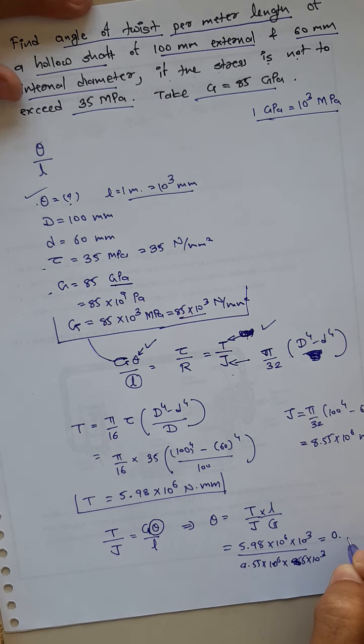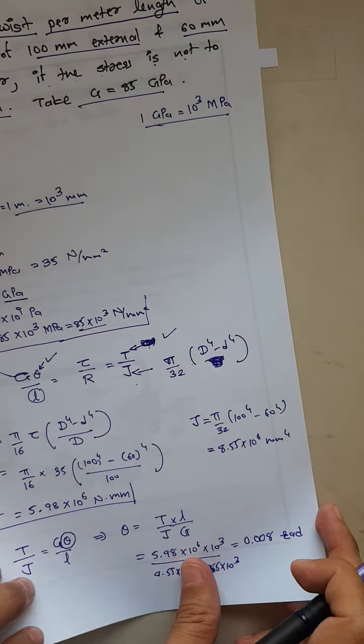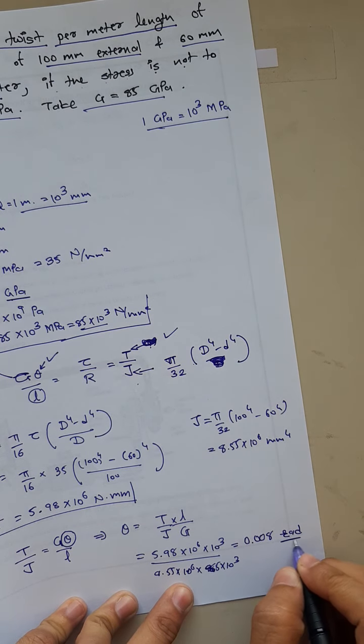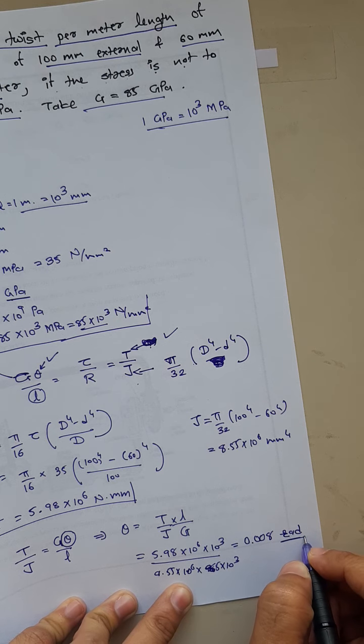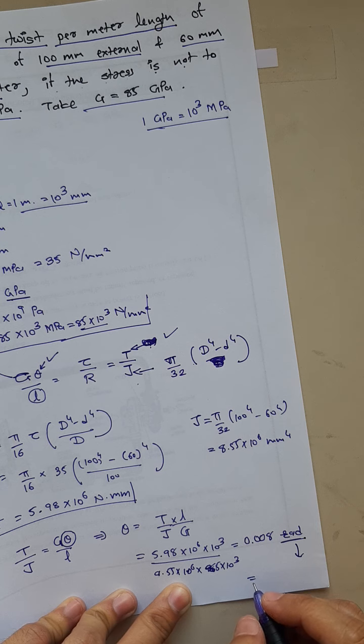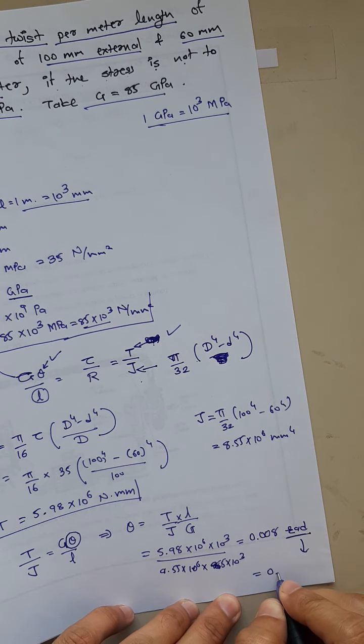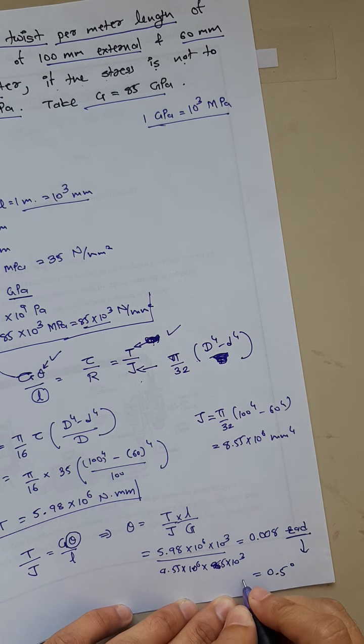So you get the answer as 0.008 radian. You will get the answer in terms of radian, so you need to convert this radian into degree. If you convert this radian into degree, your answer will be 0.5 degree theta.